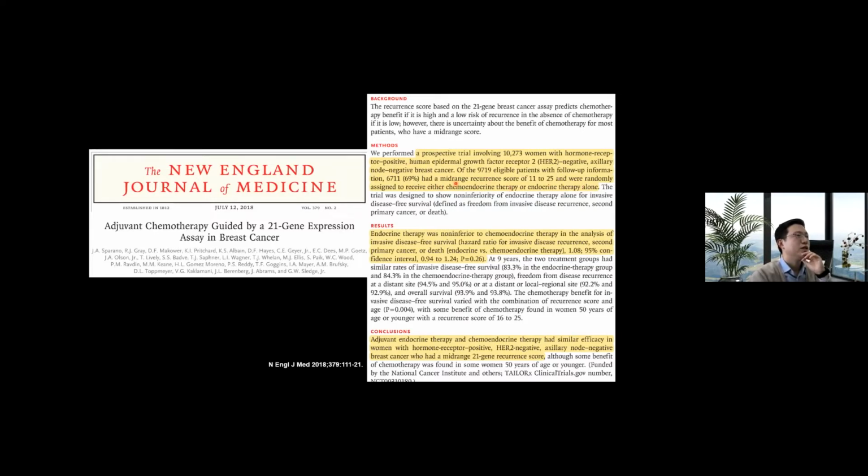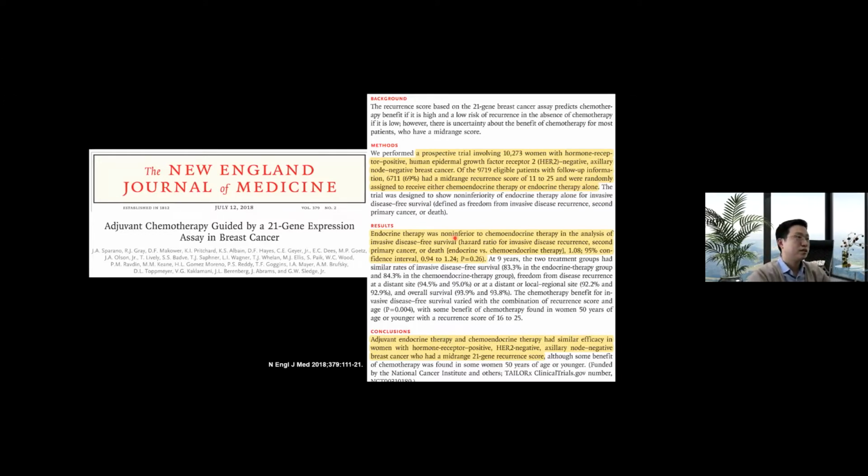The patients who had a score higher than 11, so 11 to 25, a mid range of recurrence score, were randomly assigned to receive chemo plus endocrine therapy or endocrine therapy alone. And the result shows that there was no significant difference in the prognosis.